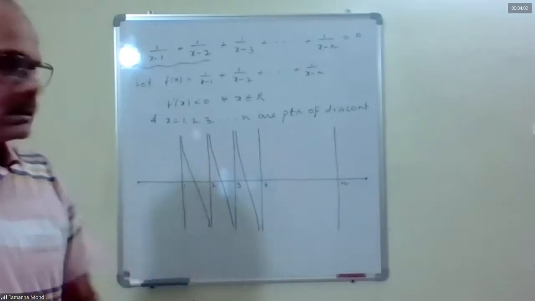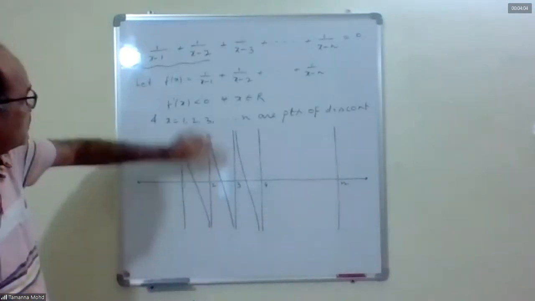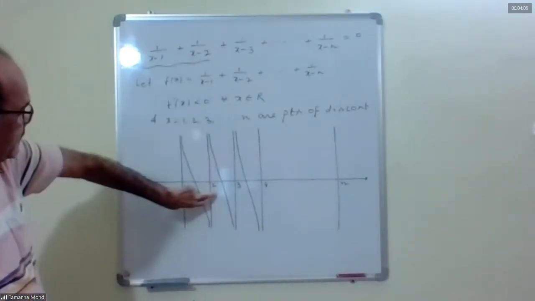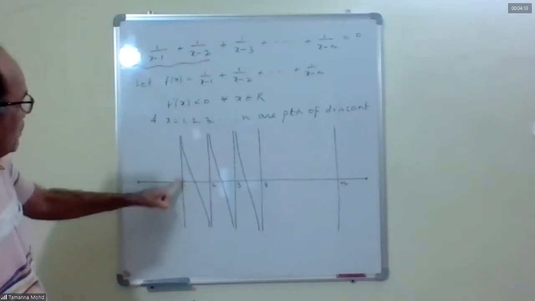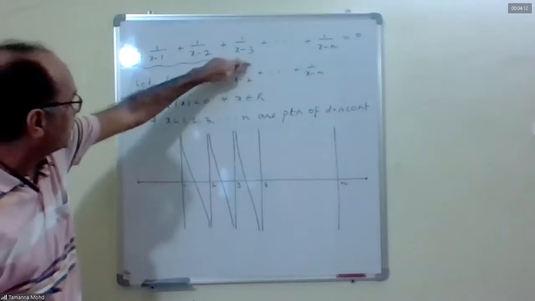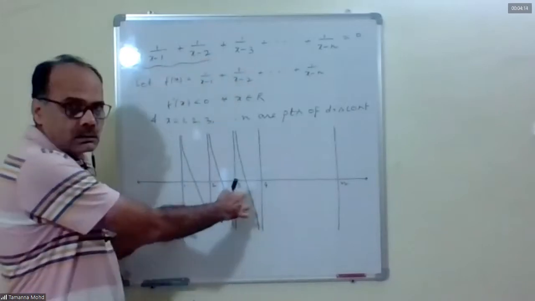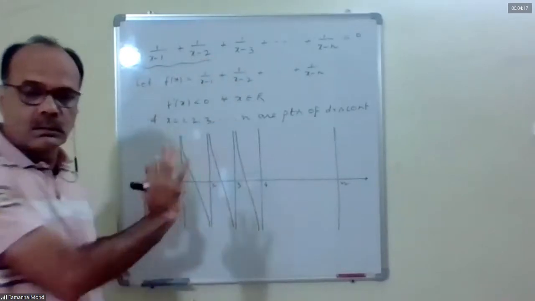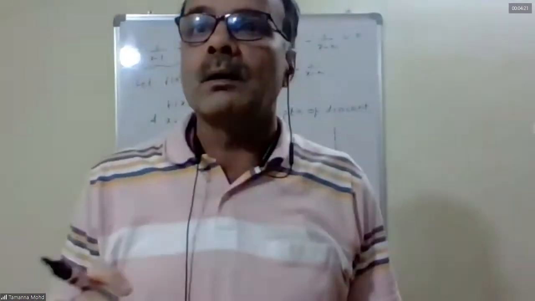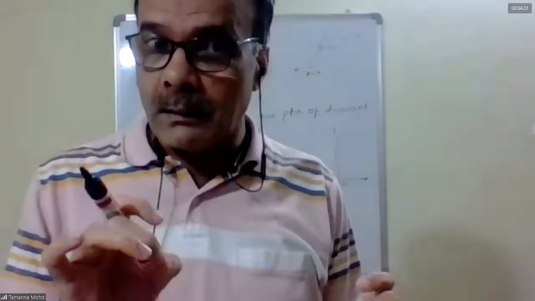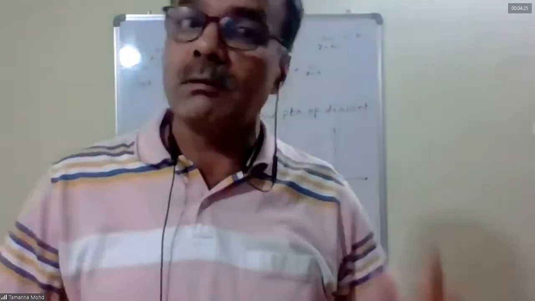So suppose we have only these 2 terms. The graph will be only up to here, 1 real root. If we have 3 terms, 1 by x minus 1 up to here, the graph will be only up to here, 2 real roots. If you simplify the numerator part, we will get an n minus 1 degree polynomial, so there will be n minus 1 roots.